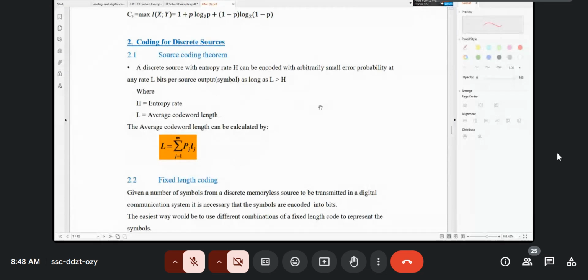So we are saying in that case, one of the most straightforward encodings for this kind of source is what we call fixed length coding. Fixed length coding is like ASCII or EBCDIC. Those are fixed length encoding schemes.